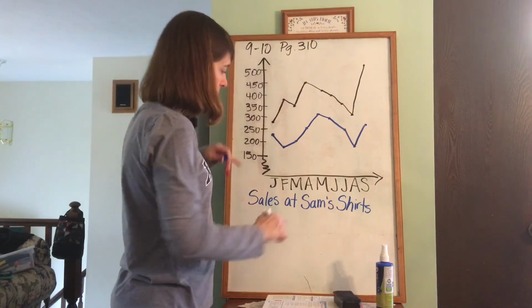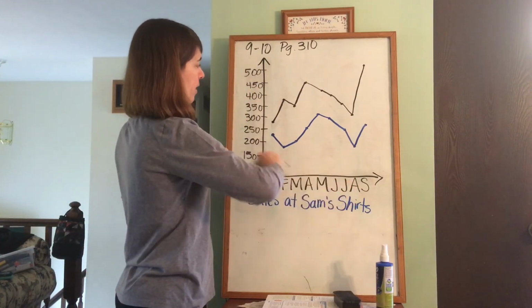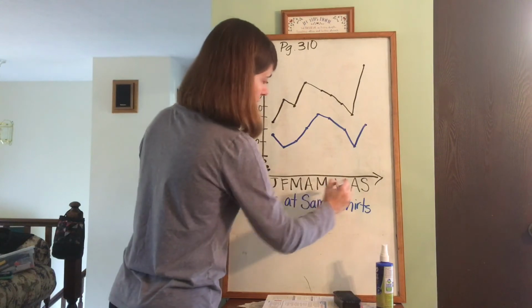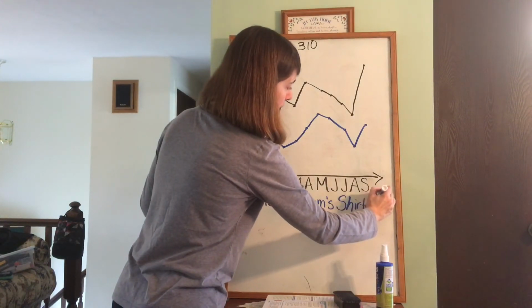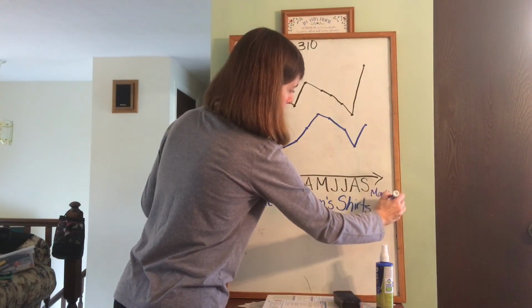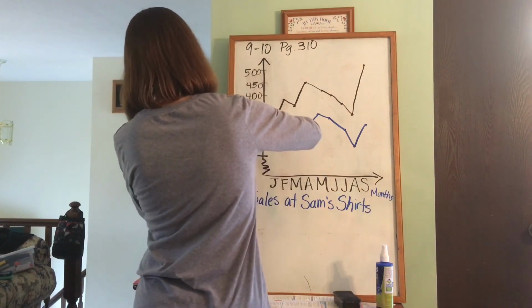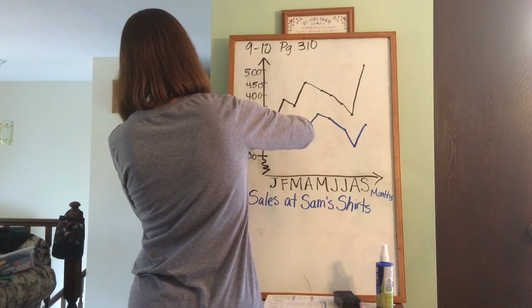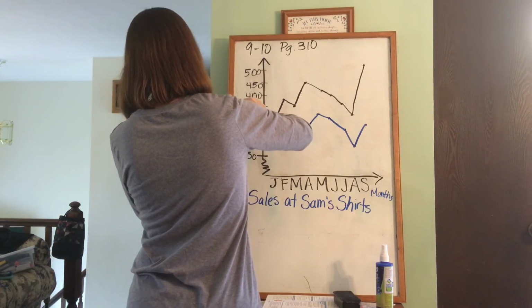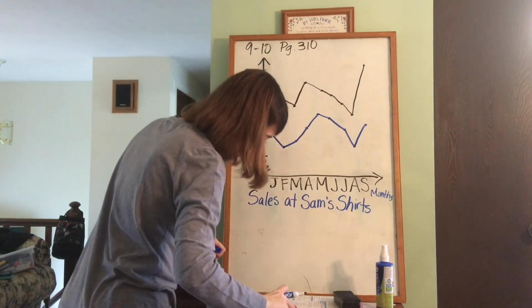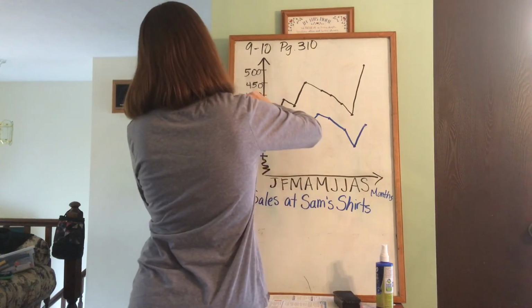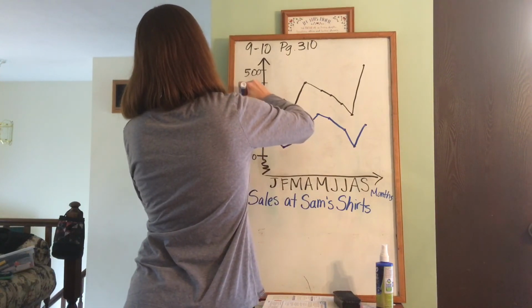Remember that you also want to do a title for your horizontal and your vertical axis. So of course this would be months. And then this would be the number in stock is how the book describes it.